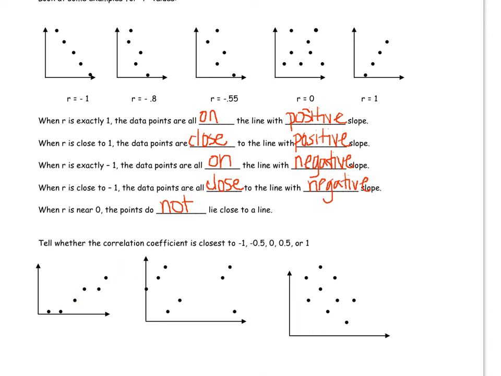So I know my options are 0.5 or 1. It's not 0. 0 is when there's really no line that fits it. It's going to be 0.5 or 1, and I'm going to say it's closest to 1.